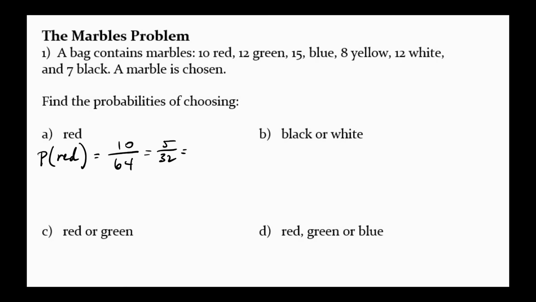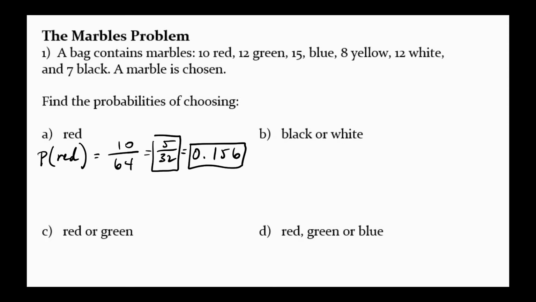Fractions are okay. Decimals are okay. Percents are okay. So as long as you know how to convert, 5 divided by 32, we always go 3 spaces. So that one's good, or that one's good. Okay.